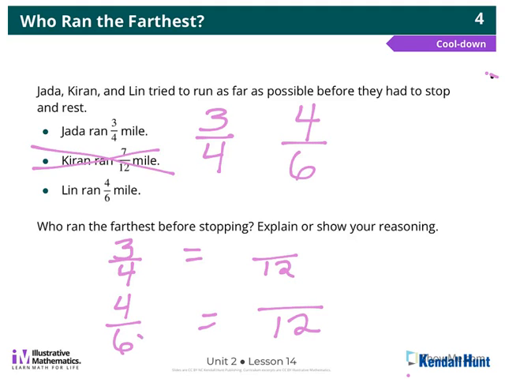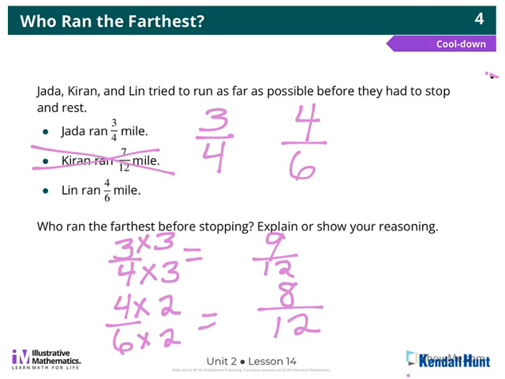Okay, 6 times 2 is 12. What I do to the bottom, I do to the top. 4 times 2 is 8. And 4 times 3 is 12. What I do to the bottom, I do to the top. 3 times 3 is 9.